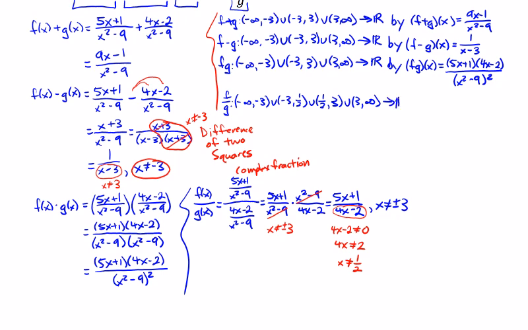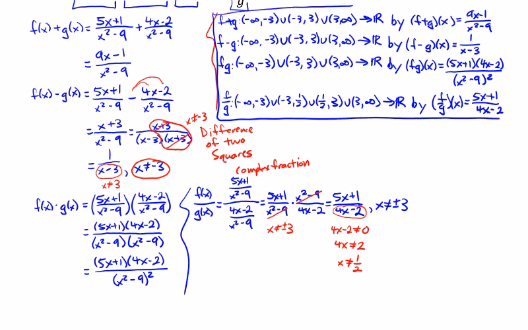And that's the domain that will map to real numbers, given by the equation f divided by g of x is equal to 5x plus 1 divided by 4x minus 2. And I'll try to box all that in. That represents the solution here.